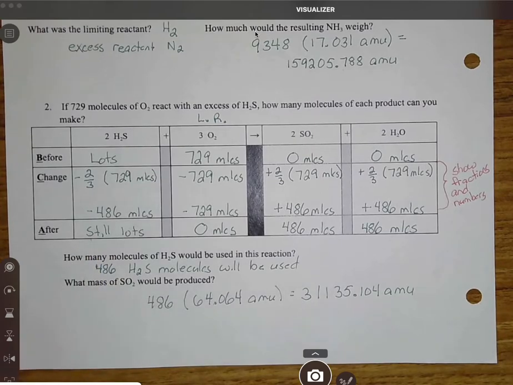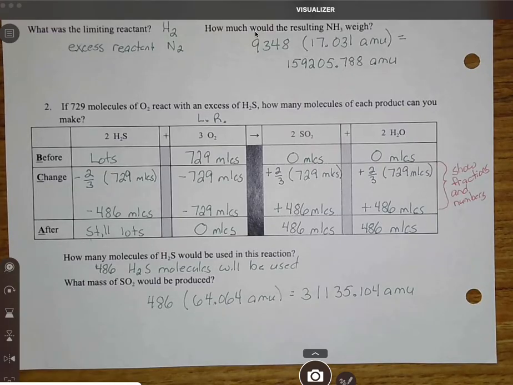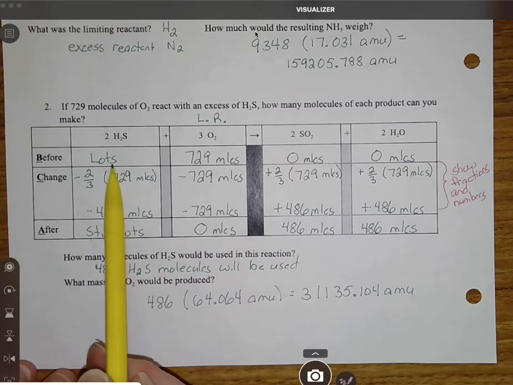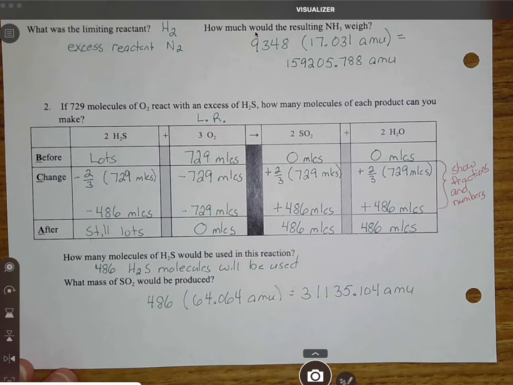What you put in the after, a little less than lots, lots minus 486, still lots, still excess. It doesn't really matter too much as long as whatever you do is recognition of the fact that there is so much available that it doesn't have control of the process. Automatically, if one of these is in excess, the other one is going to be the limiting reactant.